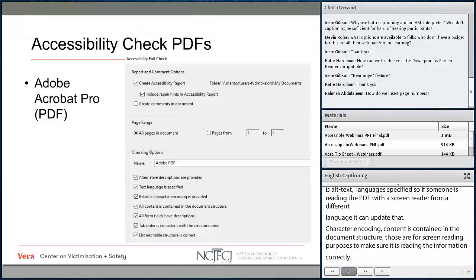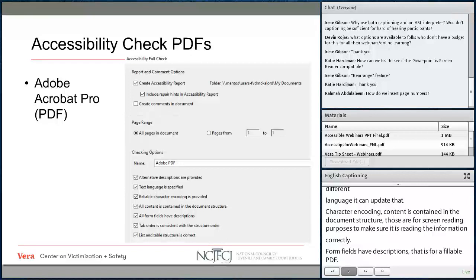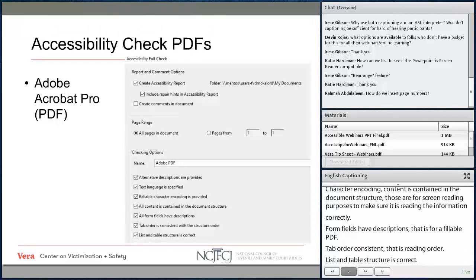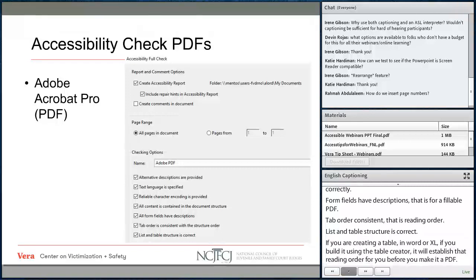So when you're creating a table, I wanted to leave this in here because when you're creating a table in Word or Excel, if you build it using the table creator, then it will establish that reading order for you before you PDF it. But if you do not build it using the table creator within those programs, you would have to add it later, which is much more complicated.